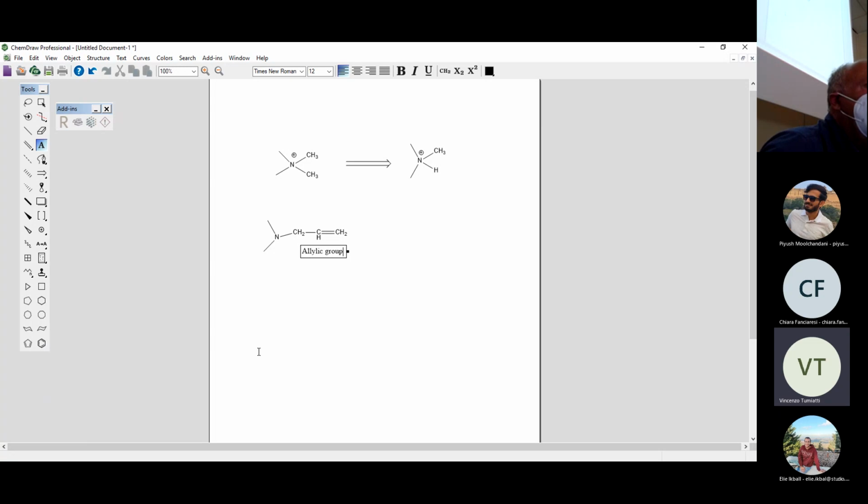Another group able to increase the antagonistic properties is this one. Here there is a methyl group between the two.